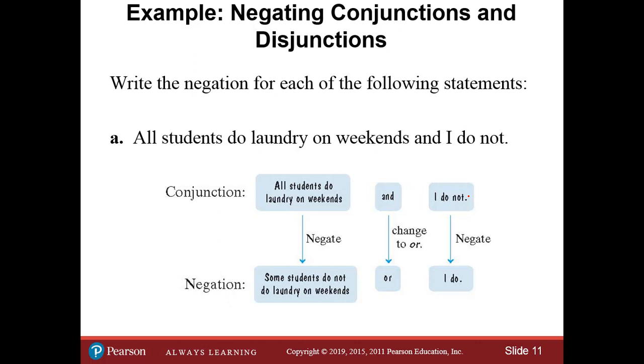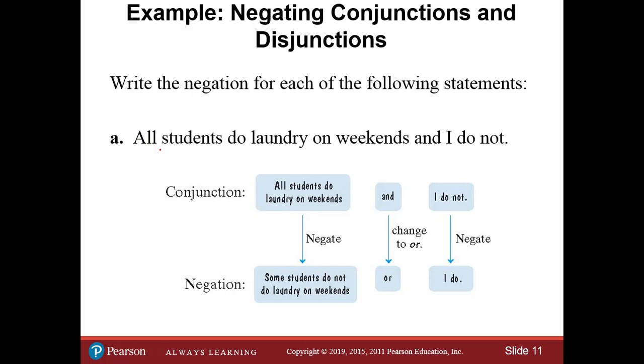Now, write the negation of each of the following statements. The first one says, all students do laundry on weekends, and I do not. This is an and statement, so it's a conjunction. To write the negation, we change the and to an or and negate both sides.